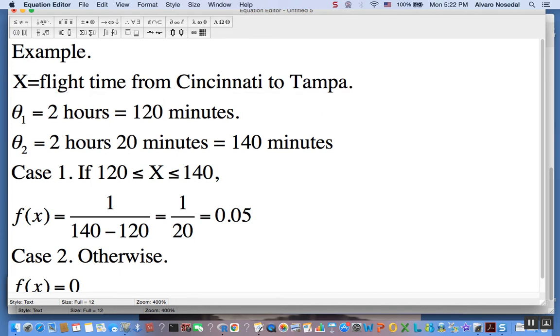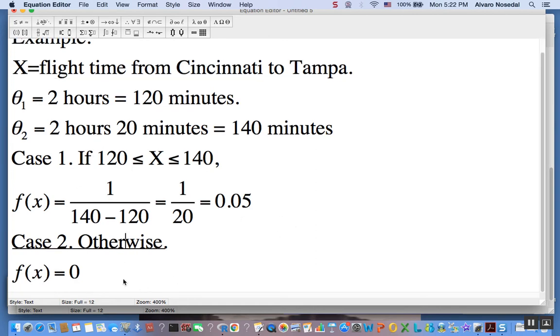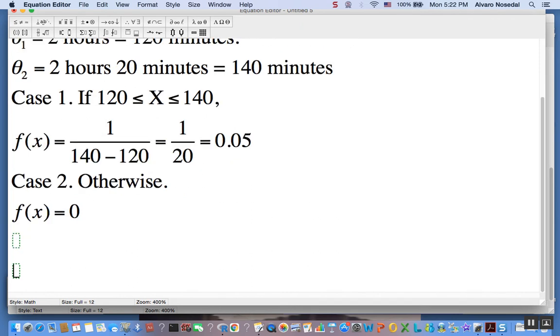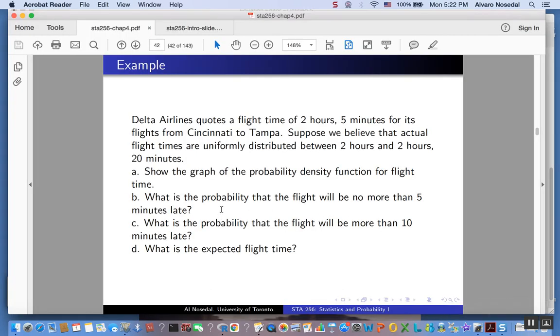So let's try and set up the problem that we want from part B. Again, what's the probability that the flight will be no more than 5 minutes late?